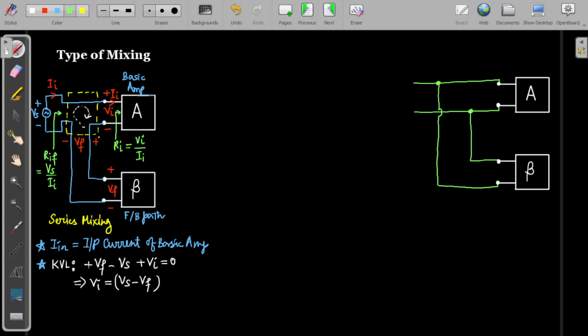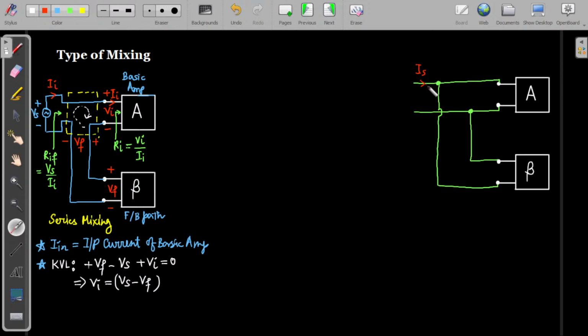ओके, अब देखिए सपोज यहाँ से आपका एक सोर्स करंट आ रहा है. इफ द कनेक्शन इज लाइक दिस, सो सपोज देयर इज अ सोर्स करंट IS. सो व्हेन दिस सोर्स करंट विल कम, so this IS current will not go inside the basic amplifier, because some part will be going into the feedback path.